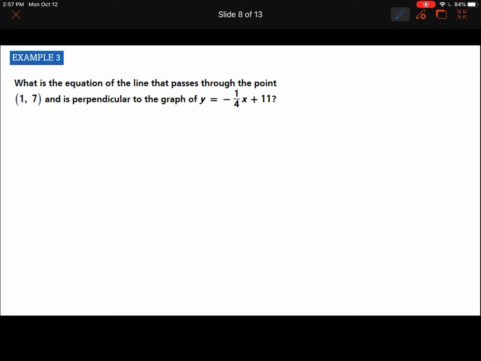What is the equation of the line that passes through the point (1, 7) and is perpendicular to the graph with slope negative 1/4? So we first pay attention to the slope, which is negative 1/4. The slope of the line perpendicular to this is going to be positive. And then we flip this, and it can be positive 4/1 or just positive 4. Once I know that, I can do the same process I always do, which is y equals 4x plus b.